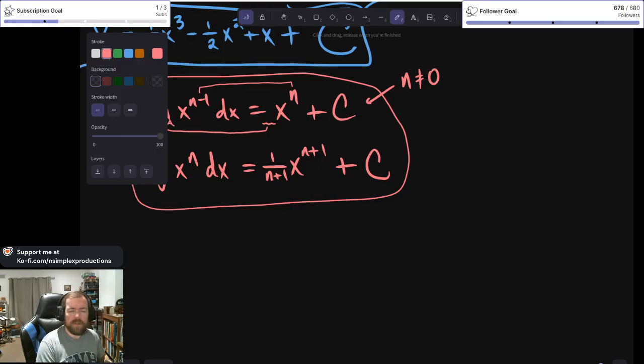It'd be weird. So n is not 0, and for this one, n is not -1. The issue with this one is that we'd end up with a 0 in the denominator of the new thing, so obviously that doesn't work.